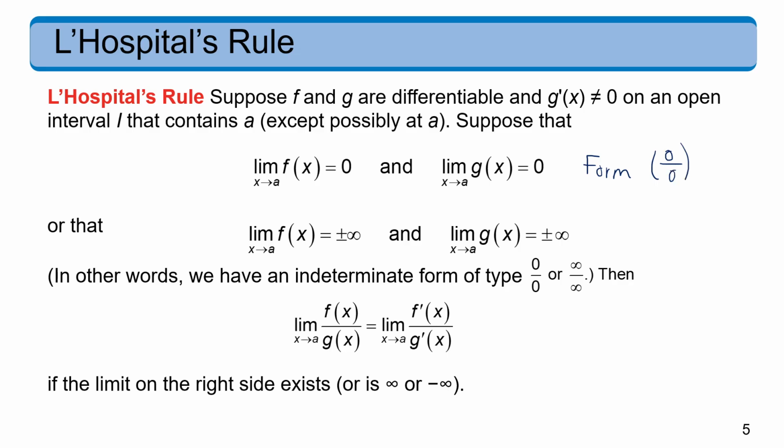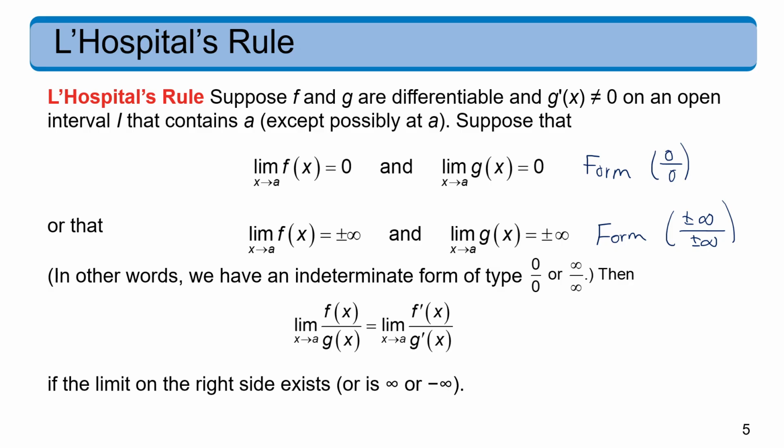And the second case down here, if both top and bottom are approaching either plus or minus infinity, that's the infinity over infinity form. So it's important, before we even finish the rule, to note that L'Hopital's rule applies only to these two forms. If you have any other form, you can't use L'Hopital's rule.